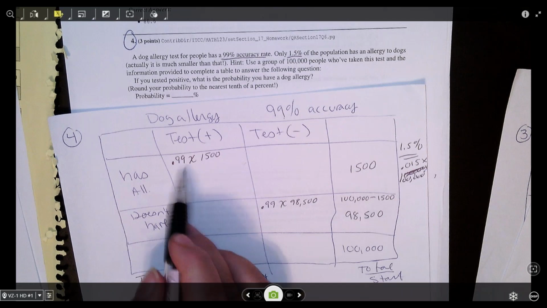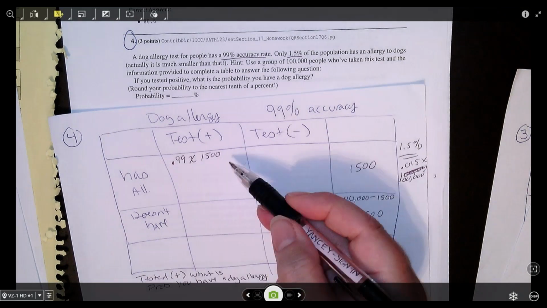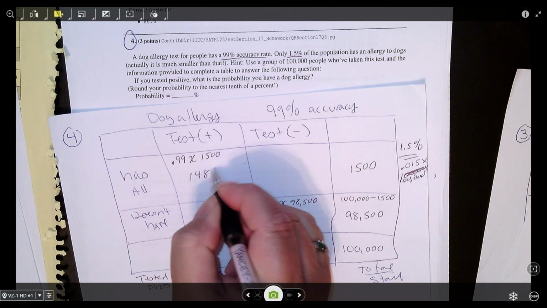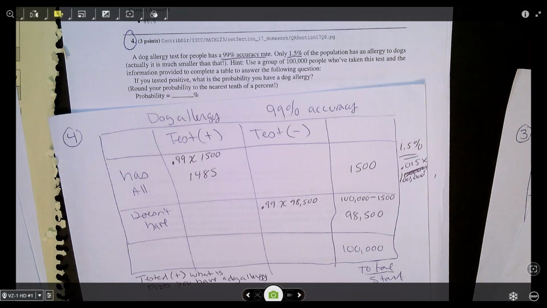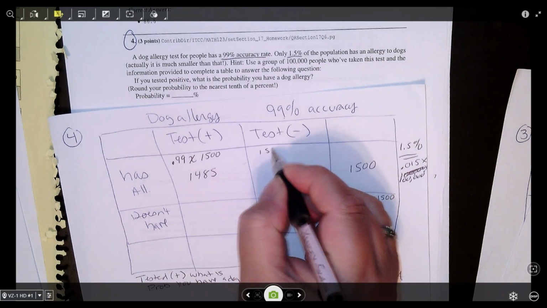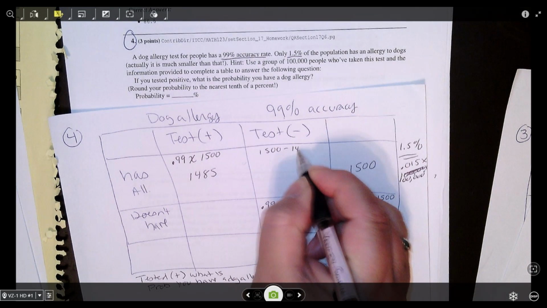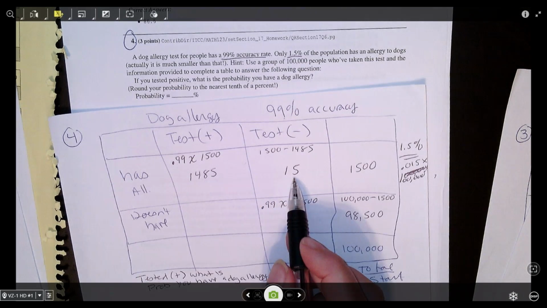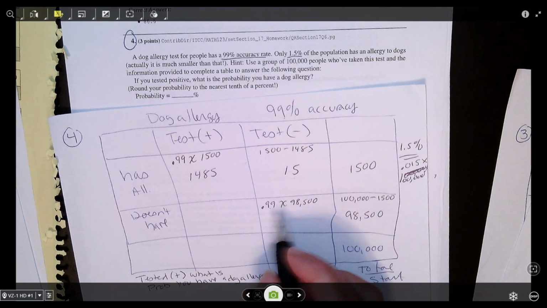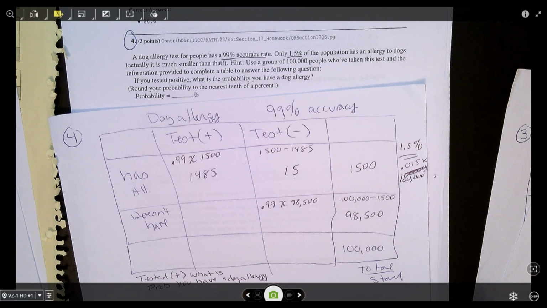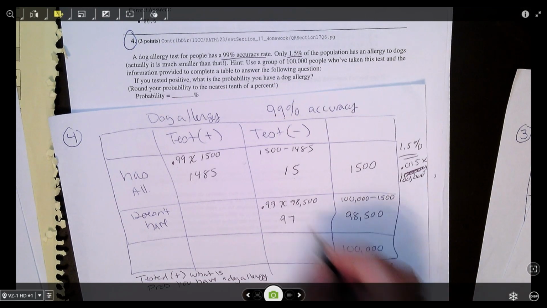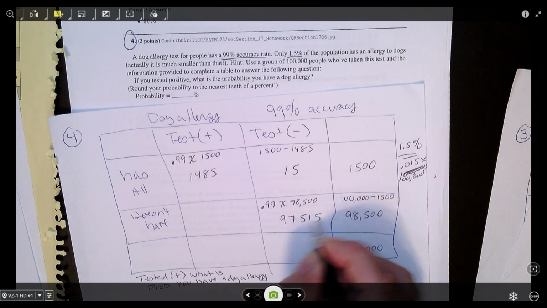Then we put it in our calculator. 0.99 times 1,500 is 1,485. Okay. Then we subtract 1,500 minus 1,485 gives us the other cell in the row, 15. 0.99 times 98,500, 97,515.